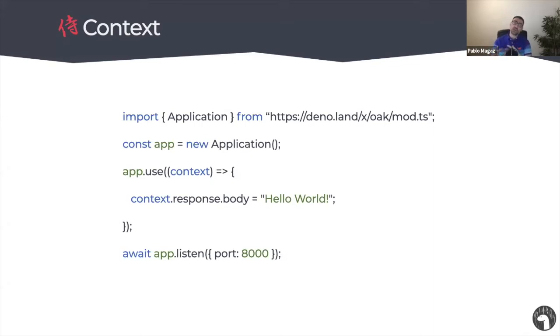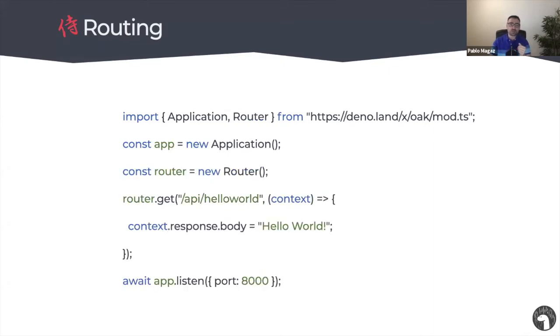If we want to create an API, and no matter what kind of API, if it's a REST API or GraphQL API, there is something that we are going to need for sure, and obviously it's a router.